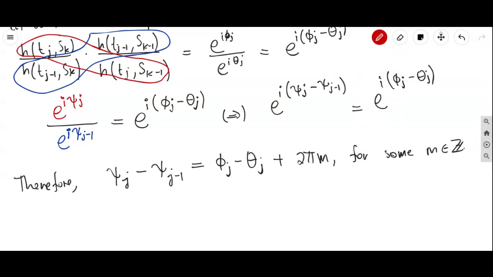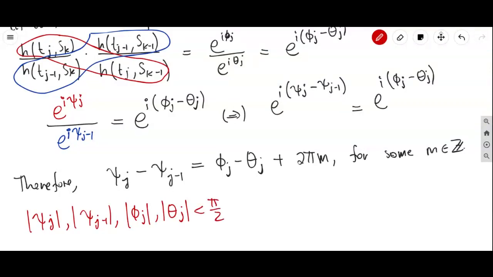So cj minus 1, phi j, and theta j are all less than pi over 2. Right? They're all less than pi over 2. So what does this mean?